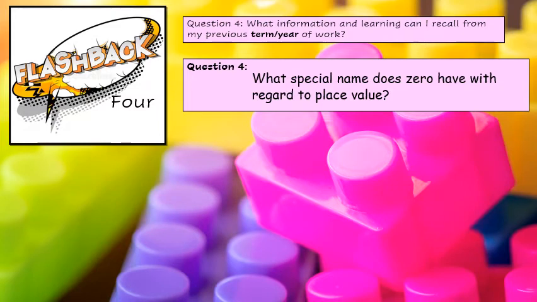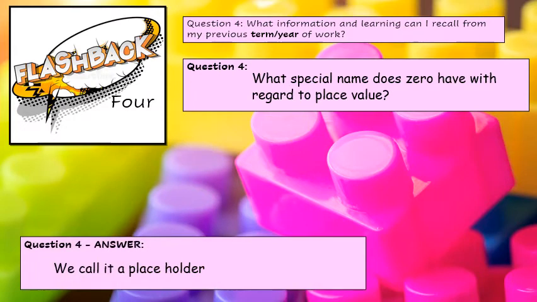Question 4. What special name does 0 have with regard to place value? We call it a placeholder.